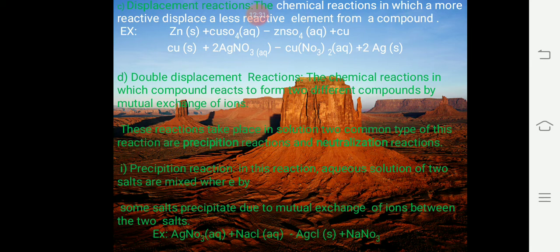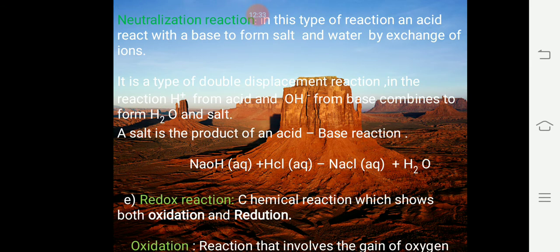Okay. Next, neutralization reaction. Yes, this is very important. Neutralization reaction means acid and base react to form a salt: acid from the H group, base from the OH group. These combine to form a salt and water. This is called the neutralization reaction.